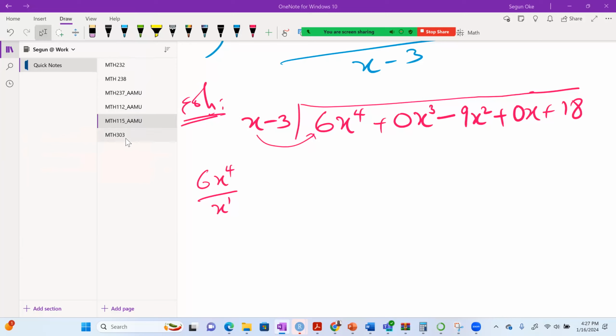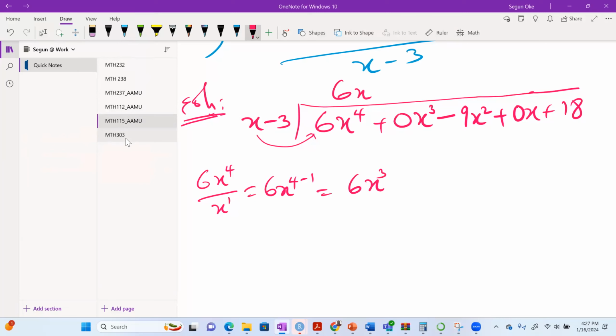So in this case now, you have 6x raised to power 4 minus 1, making 6x raised to power 3. So you have 6x raised to power 3 multiplied by x, which gives 6x raised to power 4. Can cancel this.